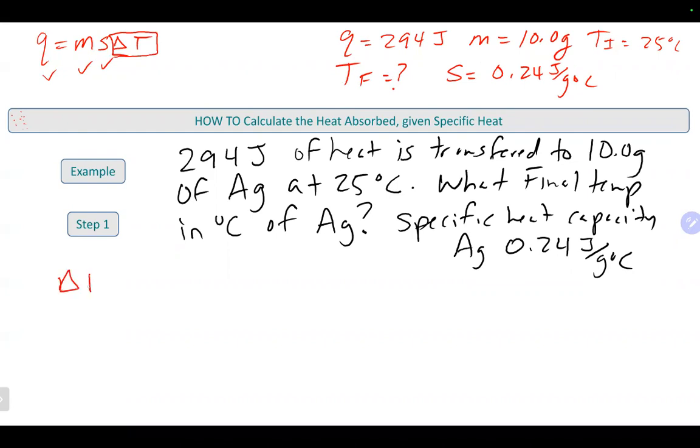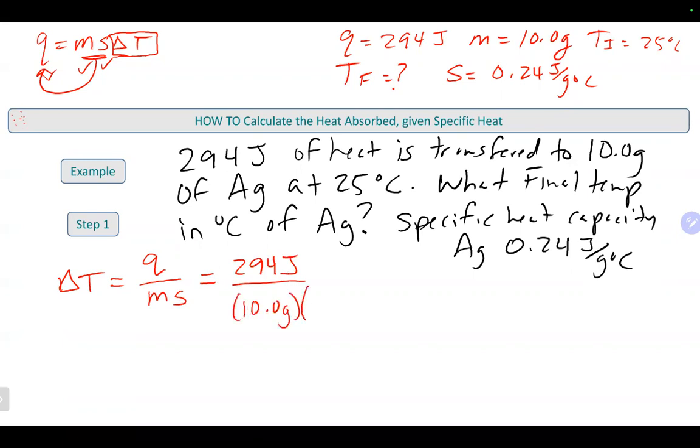So delta T would equal, dividing these two to the other side, Q divided by m s. In this case, putting in our numbers would give us 294 joules divided by our 10 grams and our 0.24 joules per gram per degree Celsius. And obviously joules will cancel, grams will cancel, and that will leave us degrees Celsius, which is good since that is a temperature.